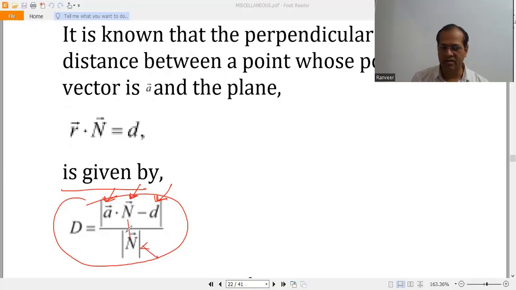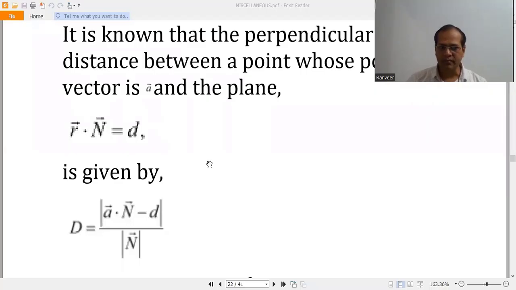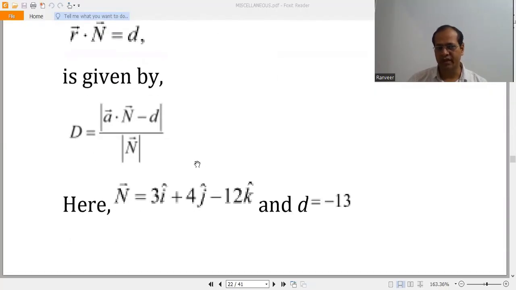So whatever the values, we just have to take them from the given plane and position vector.